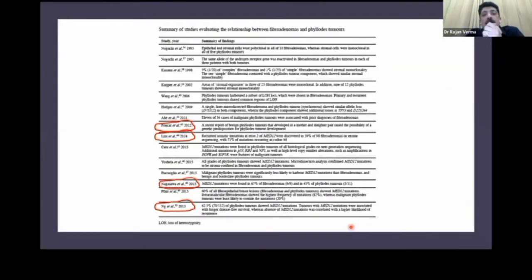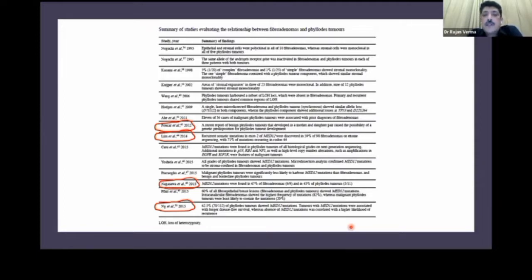There have been studies where they have evaluated the relationship between fibroadenomas and phylloid tumor. The interesting ones I have highlighted: in 2012, as I told you, the mother and daughter pair raised the possibility of genetic predisposition, where they had a P53 mutation.